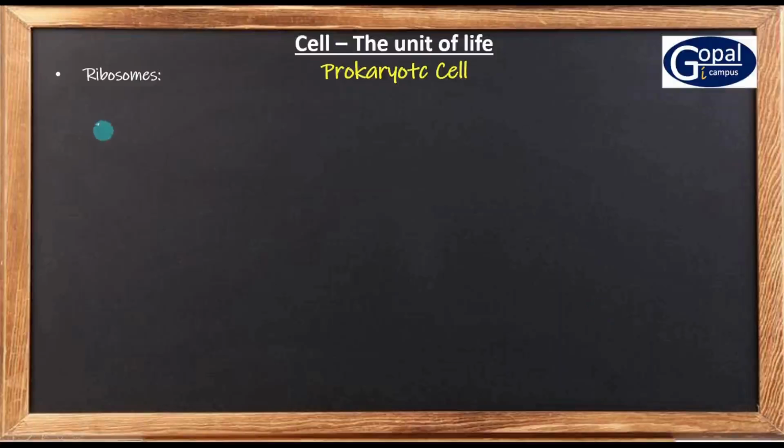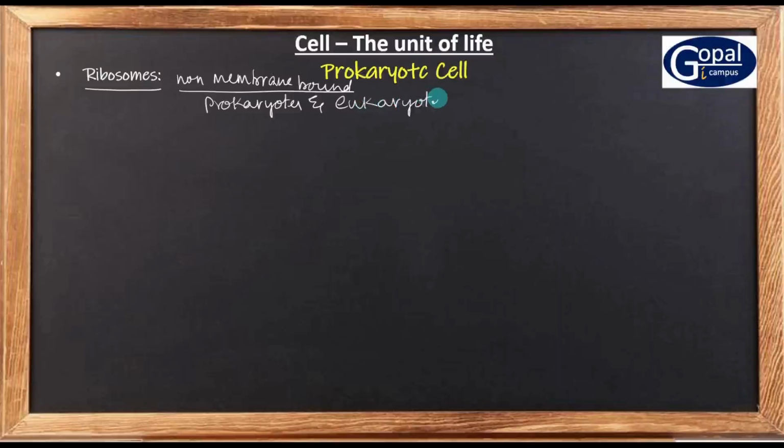Next we are going to learn about ribosomes. What are ribosomes? Ribosomes are non-membrane bound cell organelles. These ribosomes are seen in both prokaryotes and eukaryotes, as you have learnt in the topic overview of the cell.